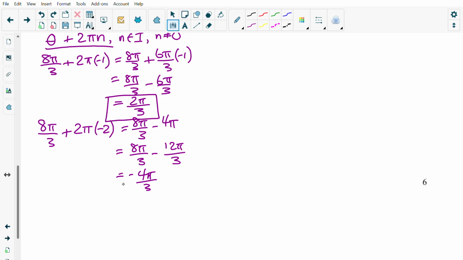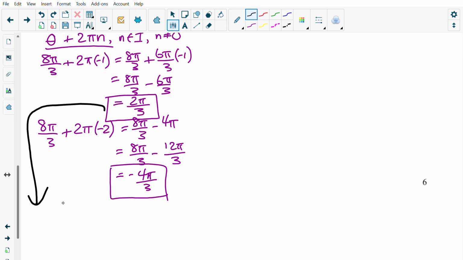Let's sketch these out. So I have my first coterminal angle, 2 pi over 3 and negative 4 pi over 3. Let's do this one first here. Okay, I'm going to start. This is a positive angle, so I'm thinking of 2 pi over 3. I'm thinking of quadrantal angles.